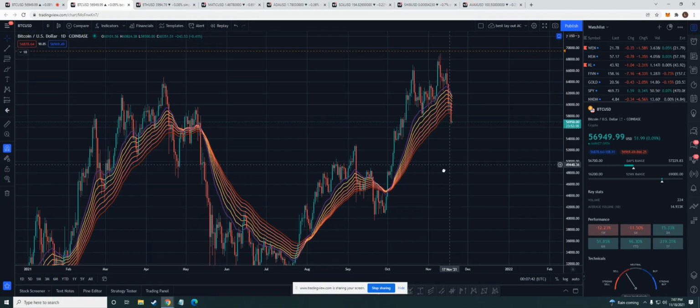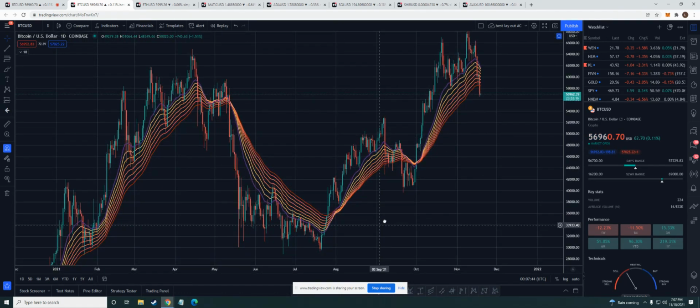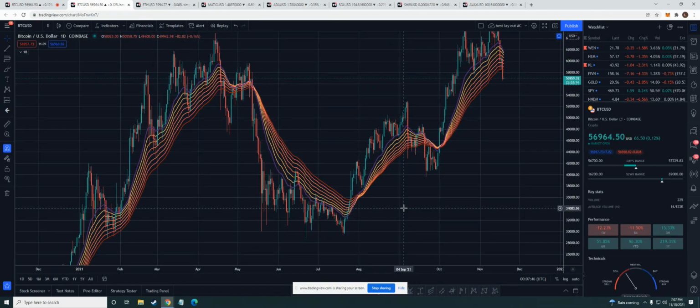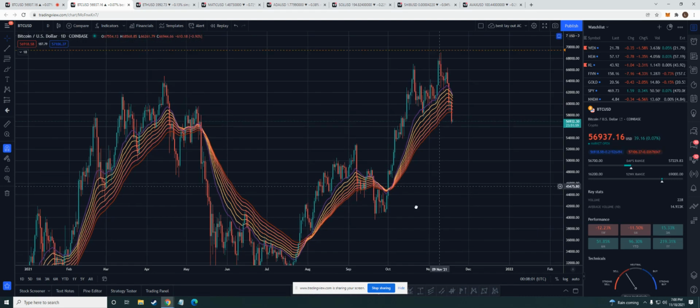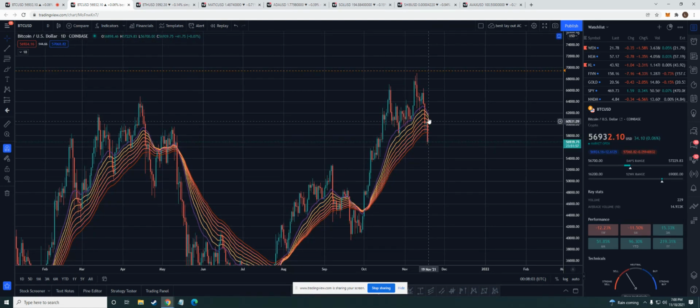I colored it to be a little bit different on here. I think by default it comes in light orange. But you'll see here how when we break it, you'll see this starting to come down and twist. This right here is actually the 20 EMA. So you can just go on your chart and put in 20 EMA and change it to purple, to make it easy for you.